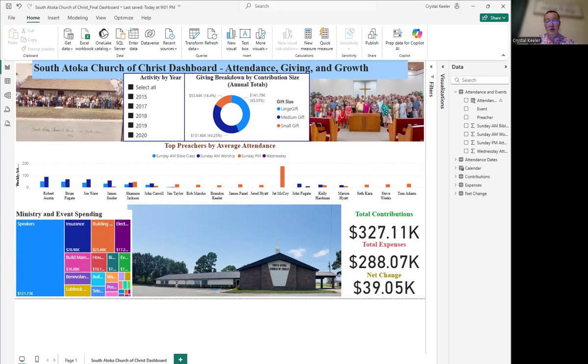While I was doing this, one thing I was trying to figure out is what was happening during these times. Well, COVID played a big factor. That's why we have so many preachers during those times. I noticed that during COVID, we only started attending Sunday mornings.